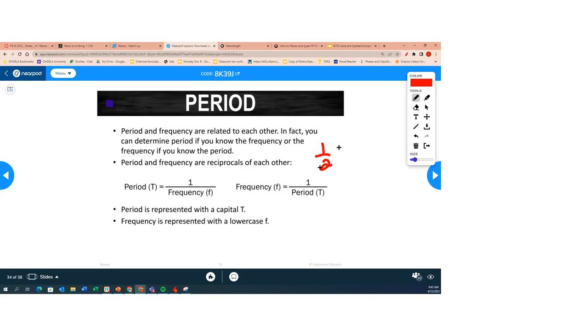Period is 1/2 or 0.5 seconds. And then if we take 1 over the period, 1 over 1/2, remember when you do 1 over 1/2, you've got to flip and multiply. So this gives us 2 hertz. So there is a relationship between the two.